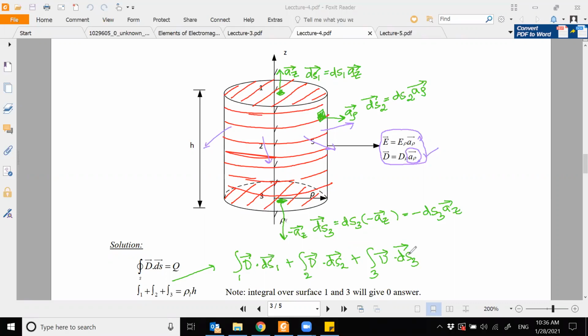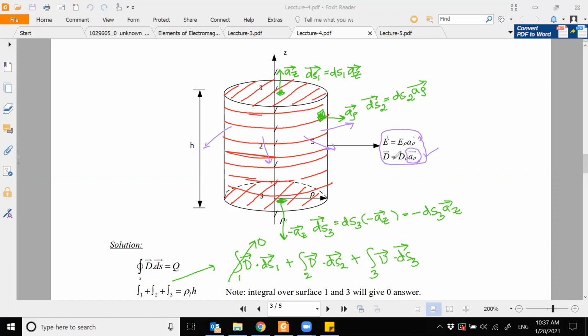Now from these three, tell me which one will become 0. D bar dot DS1 bar: a rho dot product with az will become 0, because a rho dot a rho is 1, whereas a rho dot az is 0. So therefore, this will go to 0.